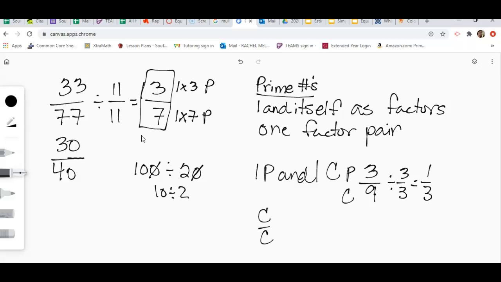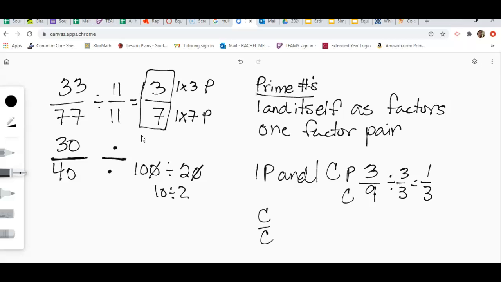Well, also, fractions are division symbols. I know we don't think of them like that, but this fraction bar is a division symbol. Because if I write a fraction bar and instead of numbers, I put a dot, what do I have? I have the division symbol. A fraction is a division problem. Every single fraction is division. I know I probably just blew your mind with that, but it's true.